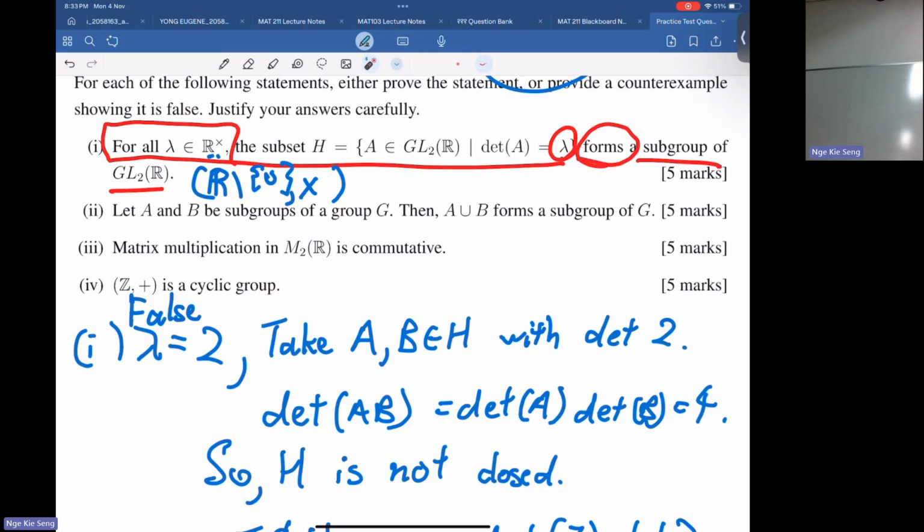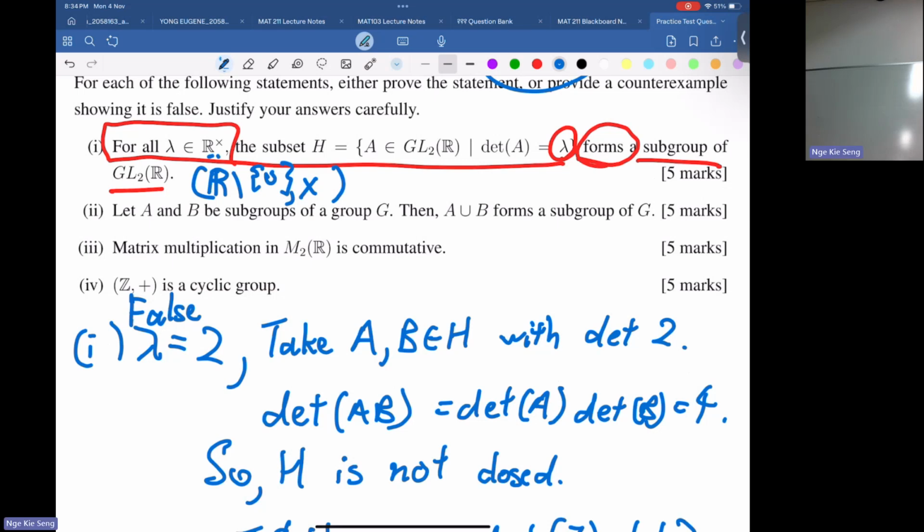Questions 2 and 3 may be obvious. If it is obvious, can you tell me the truth value for 2 and 3? Statement 2, true or false? True, so you prove it.